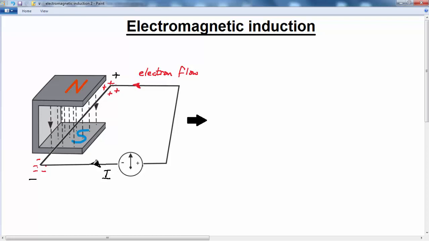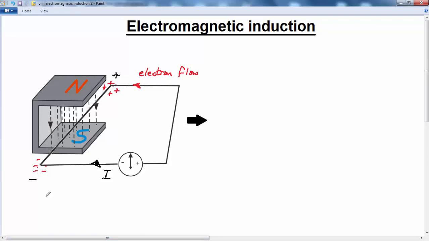Now, as it stands at the moment, this single conducting loop doesn't produce a very large electrical potential difference, and therefore the current flowing in the loop won't be that big. So if we want to increase the electrical potential difference generated, and consequently the current, then we can increase the number of loops.